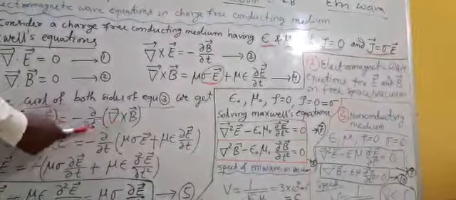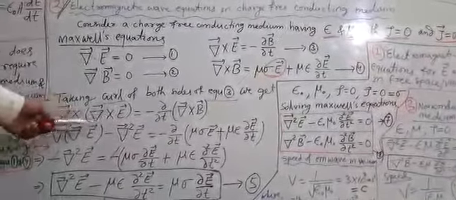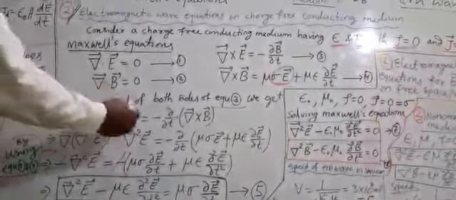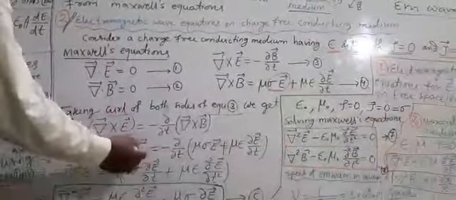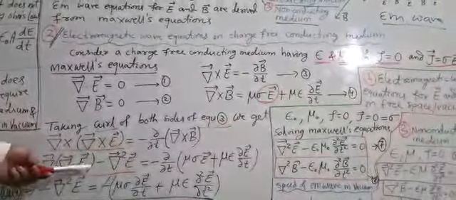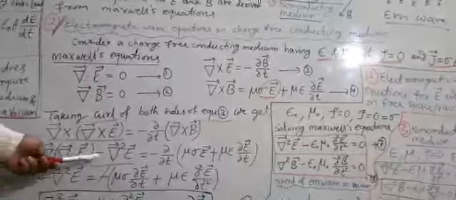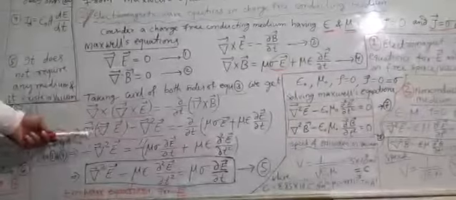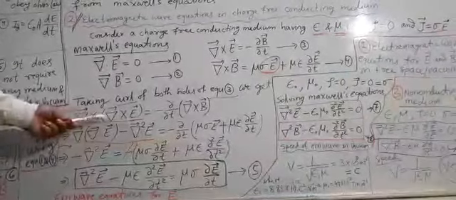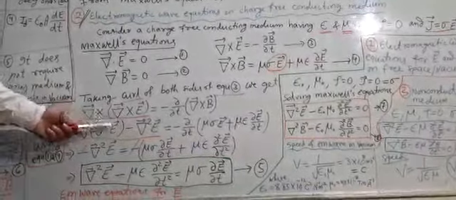You have a time derivative and curl is a space derivative, so you can exchange their positions. Then curl of curl E, as per the formula, is the gradient of divergence of E minus del square E. It is the formula of the vector triple product.